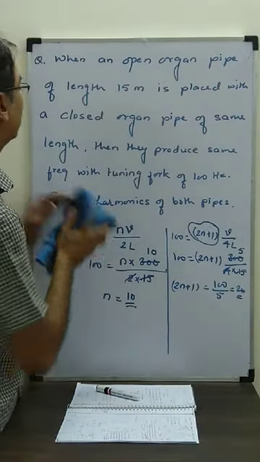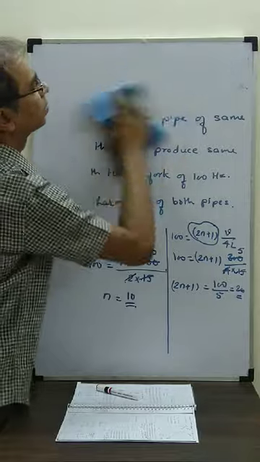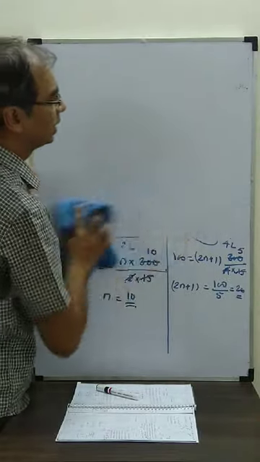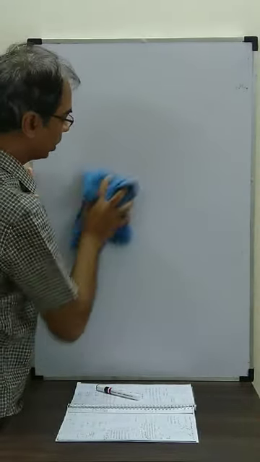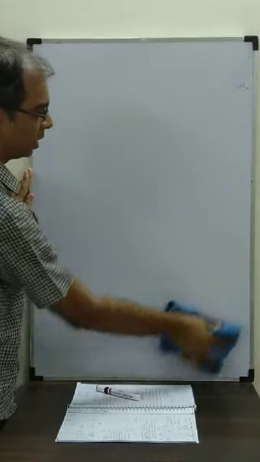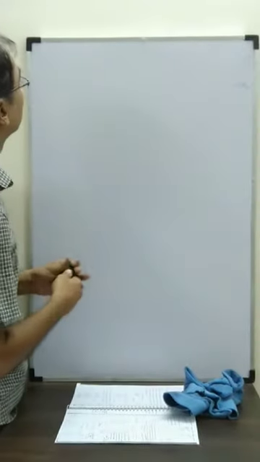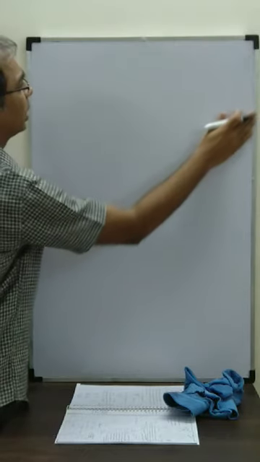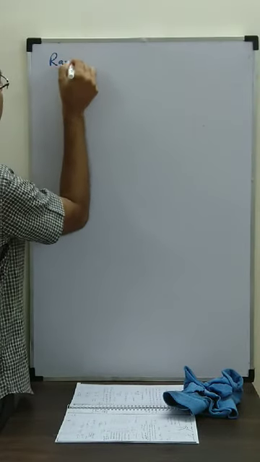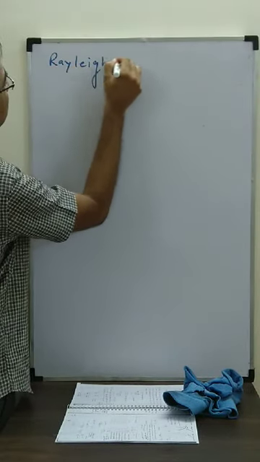Okay, now let us go back onto the concept side. There is something called Rayleigh's criteria here. Rayleigh did one experiment and he concluded something that I am going to discuss with you.